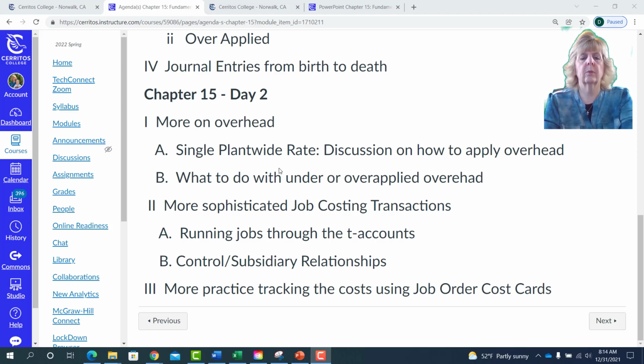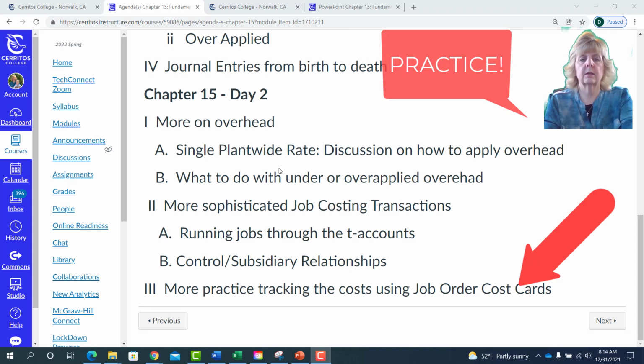As we work through the problems, we'll refresh our memories on the controlling subsidiary relationships between the inventory accounts that appear for manufacturing entities, as well as the job cards, which help support the balances in each of the balance sheet accounts. The vast majority of our time today is going to be practicing.